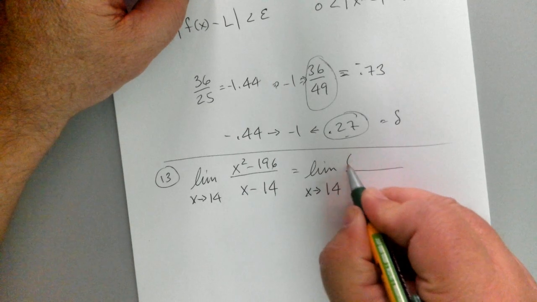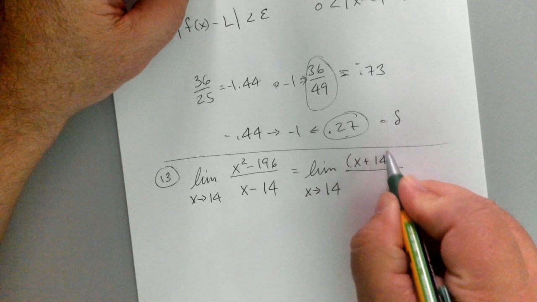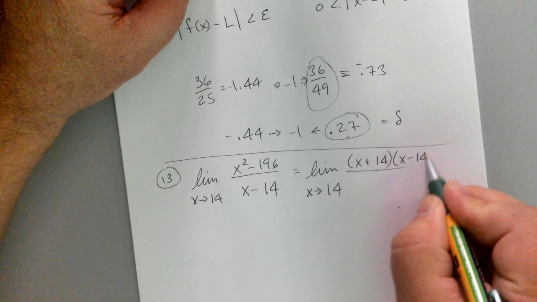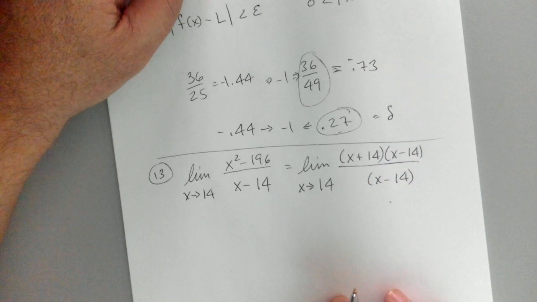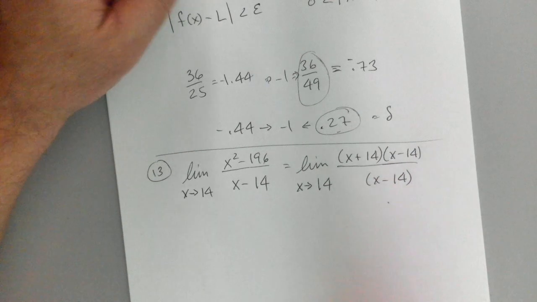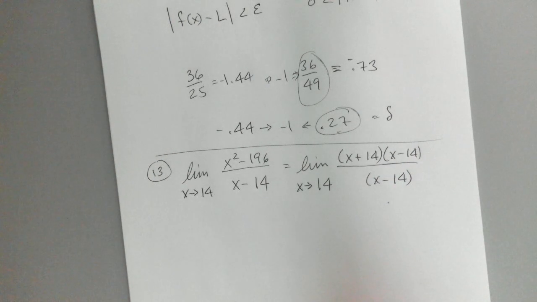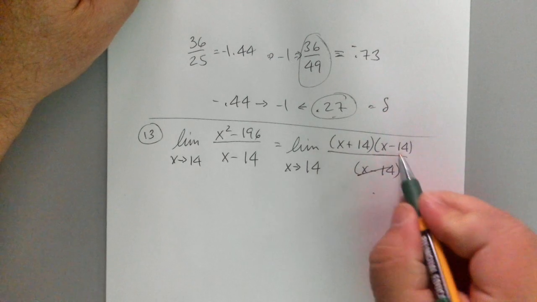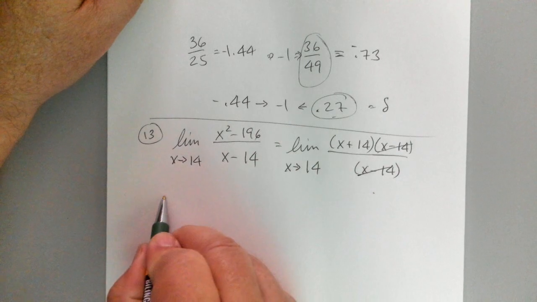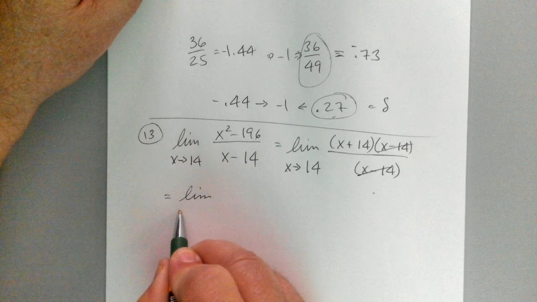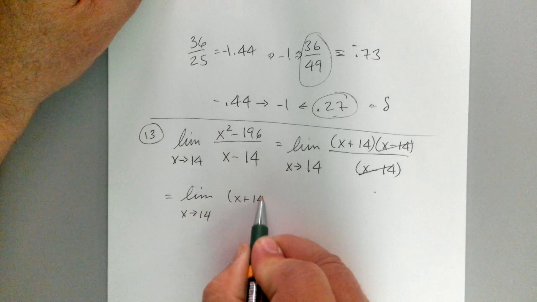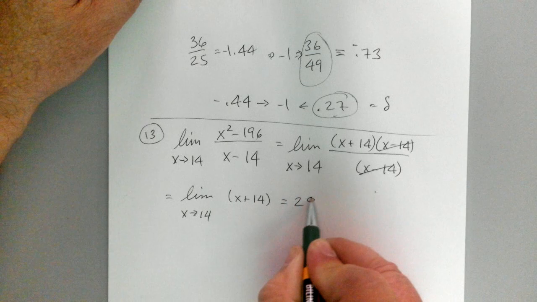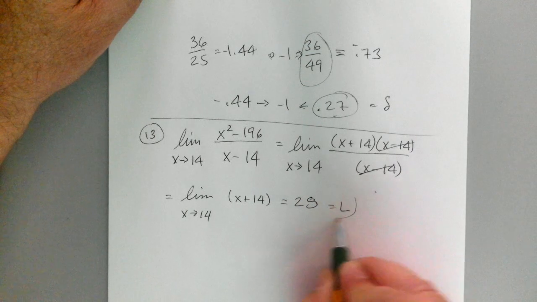It is made up of x plus 14 and x minus 14. So the x minus 14s disappear. The limit as x approaches 14 of x plus 14 is 28. So that's our limit value.